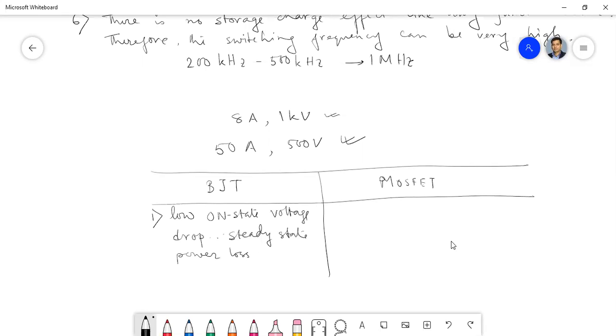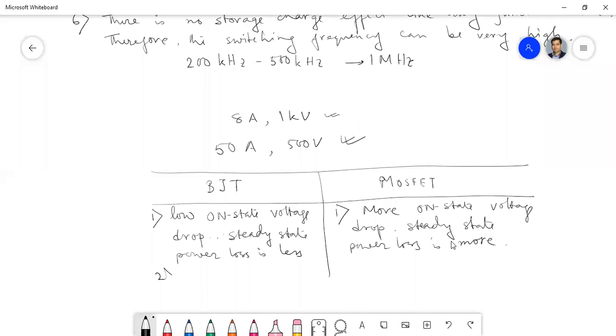Compared to this, the MOSFET offers more on-state voltage drop, and therefore the steady state power loss is also more.